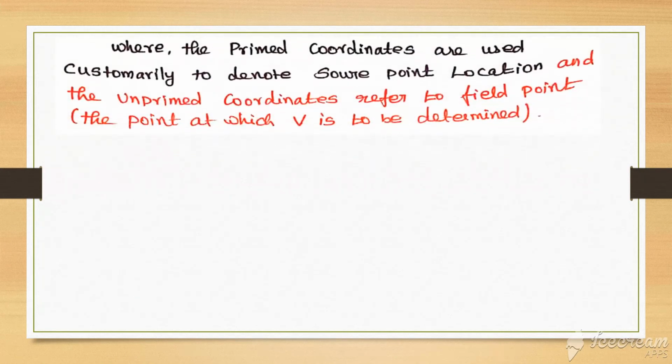Next, about the primed coordinates: we already discussed that where the field quantity is to be measured is the field point, and where the source is placed is the source point. The source point is denoted by primed coordinates and the field point is denoted by unprimed coordinates.